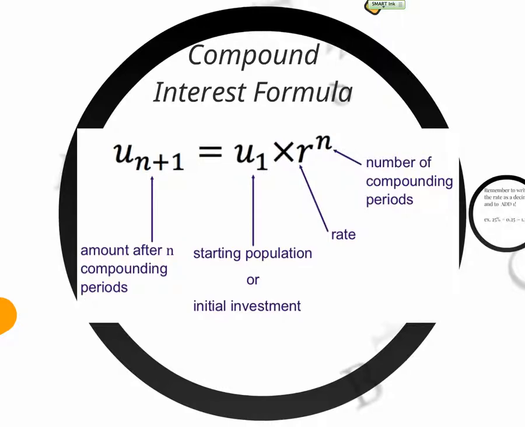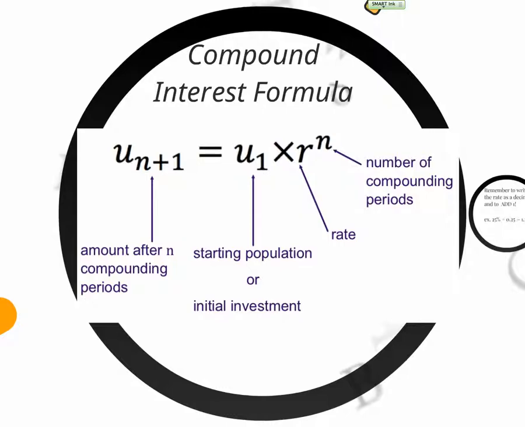U sub 1 is still our first term, but when we think about it in terms of these application type problems, u sub 1 is usually like the starting population. It's still the first term, it's what we start with, but it's the starting population or like the initial investment if we are talking about money. For these application problems, the r begins to stand for the rate. And we've had some problems dealing with rate before when we talked about exponential growth and decay.